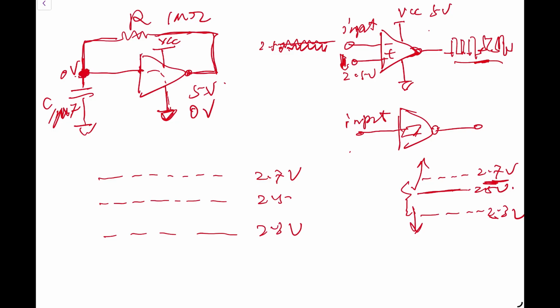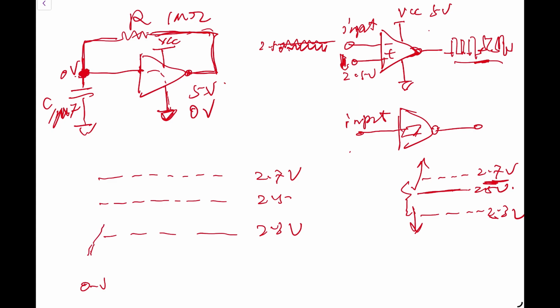So what happened here? You start from a very low 0 volts. The output will be high here, then you start charging up the capacitor. The value goes from 0 volts going high.